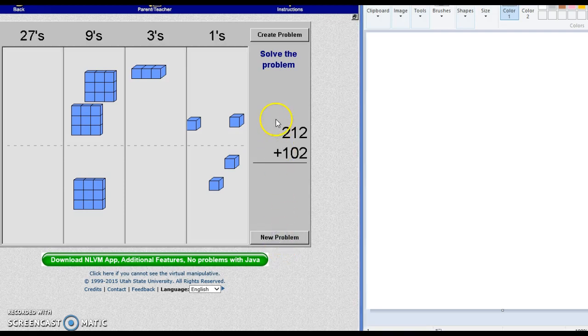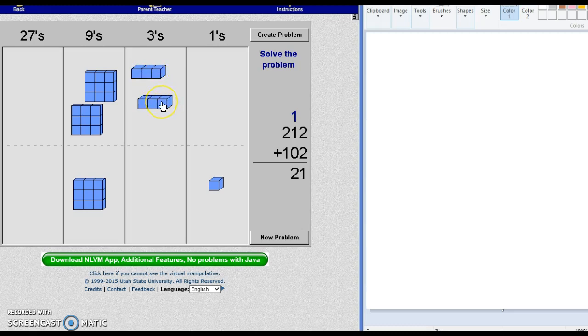All right, so here we go with a problem. This time we are in base 3. You can tell that because it's labeled 1s, 3s, 9s, 27s. I wish that they would write the base 3 on there, but this is a beautiful program anyway for us to be using. So when we're using base 3, we've got a different exchange rate. We are in 3s. So when I begin this problem, I'm going to take 3 of my 1s and make a 3 out of that.